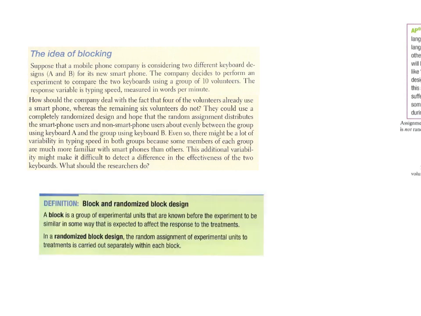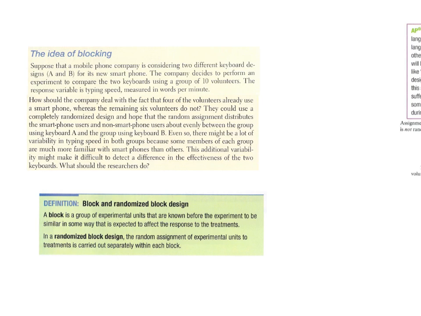If we look at our definition, a block is a group of experimental units that are known before the experiment ever started to be similar in some way, and that particular way could affect their response. If they're similar in the sense that they all are girls or all are guys, that's not what we're talking about.